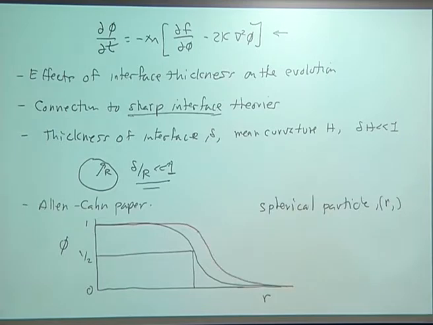If you look at this, the order parameter profile has moved to the right, so you would think that the particle has gotten bigger. So we have a particle where phi is equal to 1/2 at a certain radius, r, and it gets bigger at some later time.